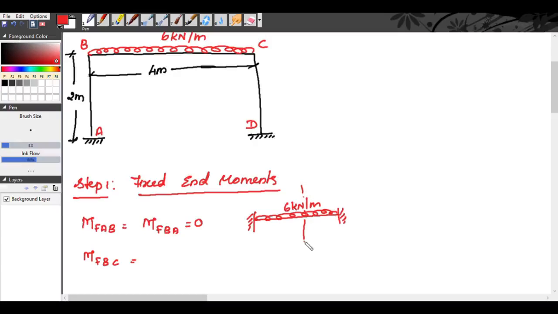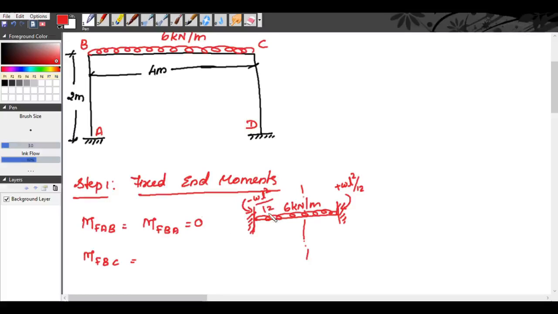When you take a section, we know at the supports there will be hogging moments. That means there will be negative bending moments near the supports. So if it is negative, when you take the section, the left should be anti-clockwise and at the right support it should be clockwise. So at the left, the magnitude of the fixed end moment will be minus WL square by 12 and at the right it will be plus WL square by 12.